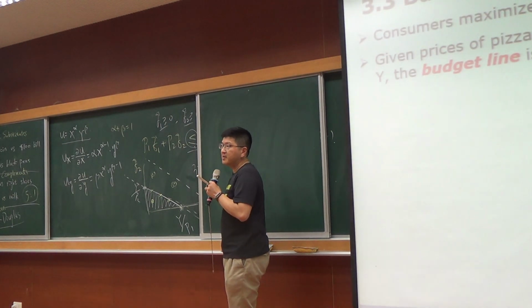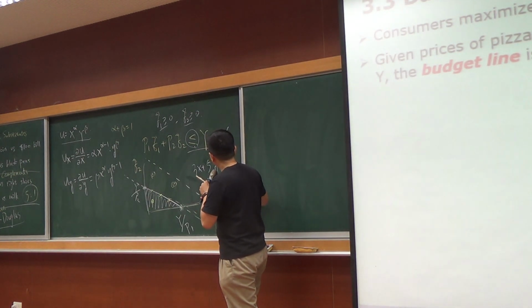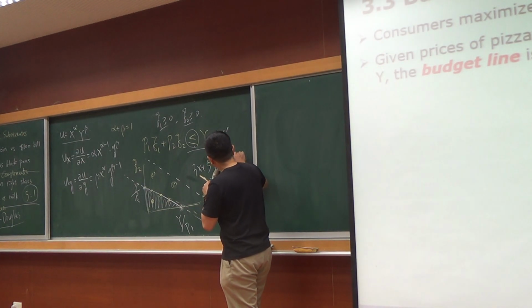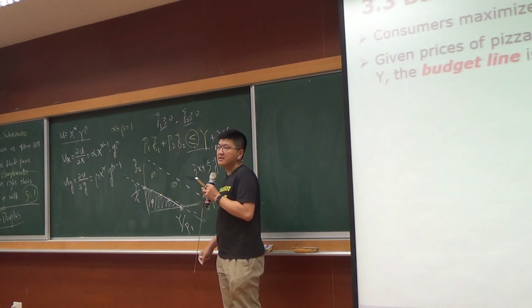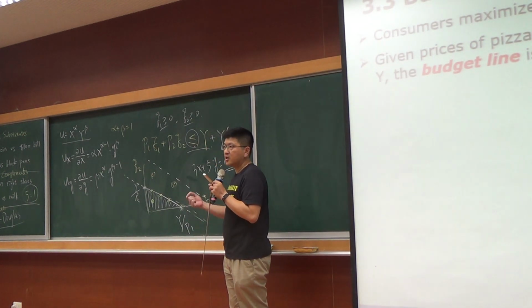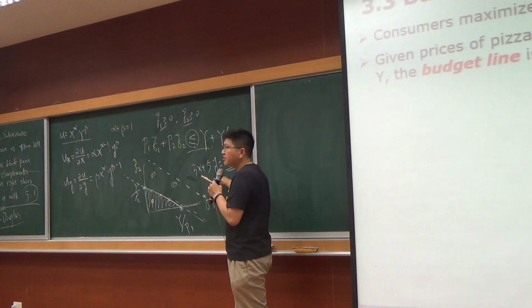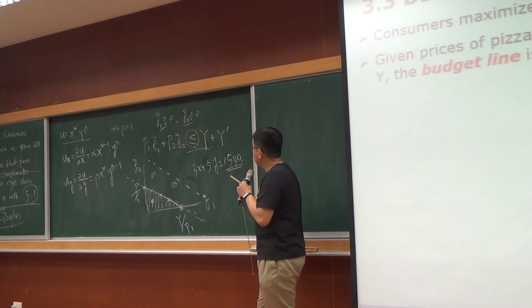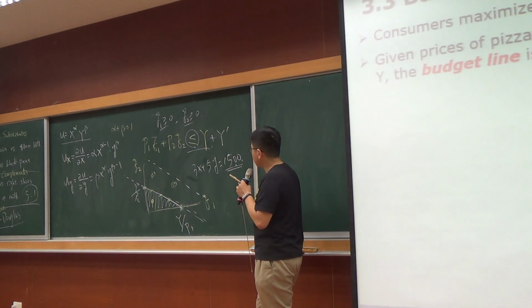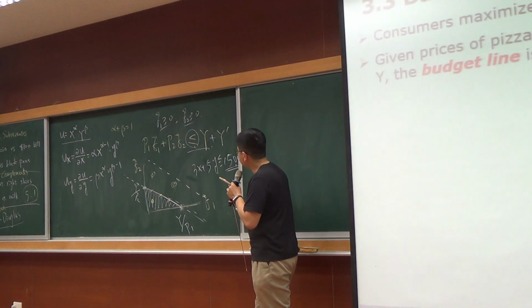Okay, let me give you an example. Suppose you have $1,500, and the price of X is $3, and the price of Y is $5. So you must satisfy this budget constraint: no more than $1,500.